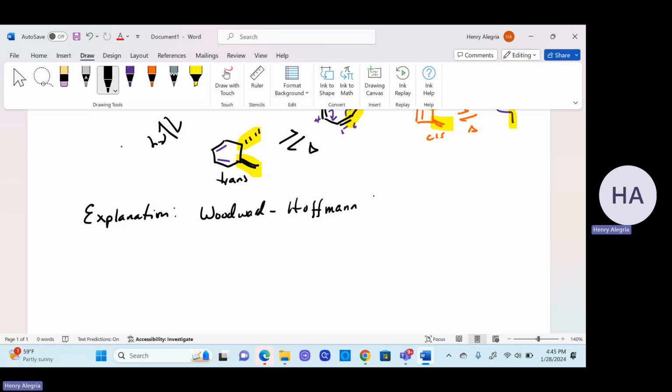So, what exactly do we mean by the Woodward-Hoffmann rules, and how do we actually use them to explain this? Well, I could show you, like Klein does, a little table or chart, and you would want to memorize if it's a 6-electron system, it must happen either with this disrotatory or conrotatory motion, and then we will get cis or trans.